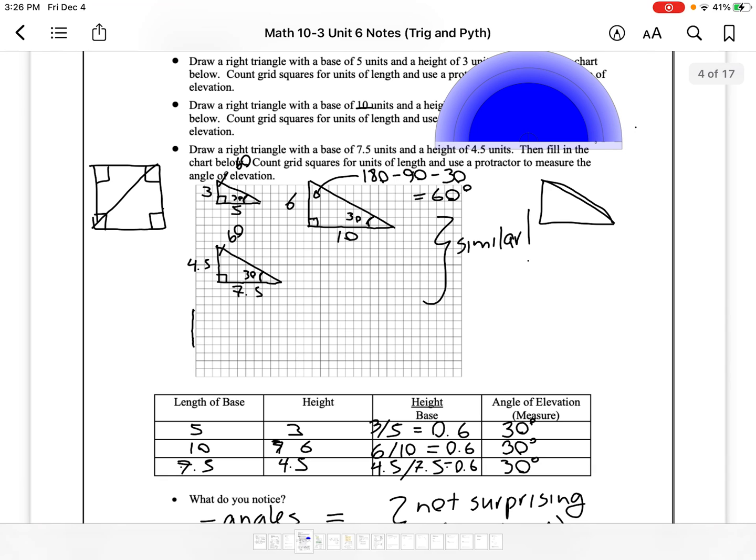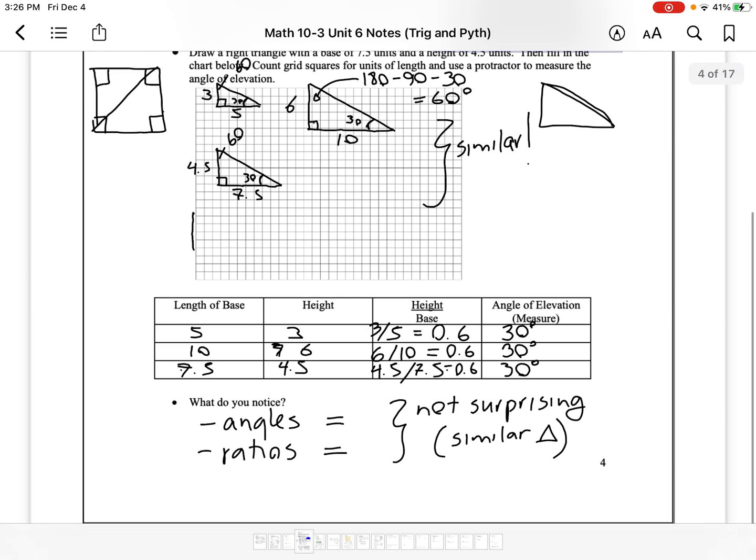And we measured the angle at the bottom with a protractor, and we estimated these to be about 30 degrees. And also we found that the ratio of the height to the base of all of these triangles was equal. That wasn't surprising, of course, because these were similar. And if we have similar triangles, the sides should be proportional to one another, and also all angles within the triangle should be equal to one another.